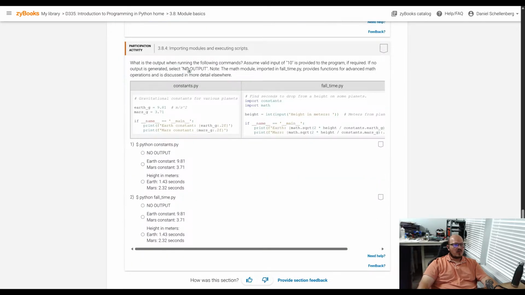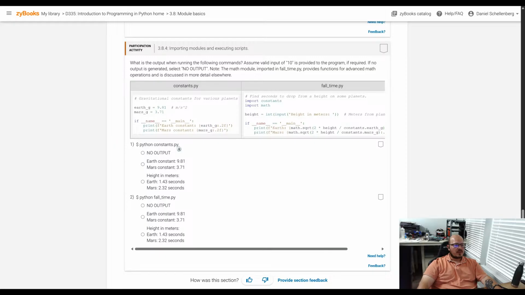What is the output when running the following commands? Assume valid input of 10 is provided to the program. If no output is generated, select no output. Note, the math module imported right there provides functions for advanced math operations and is discussed in more detail elsewhere.